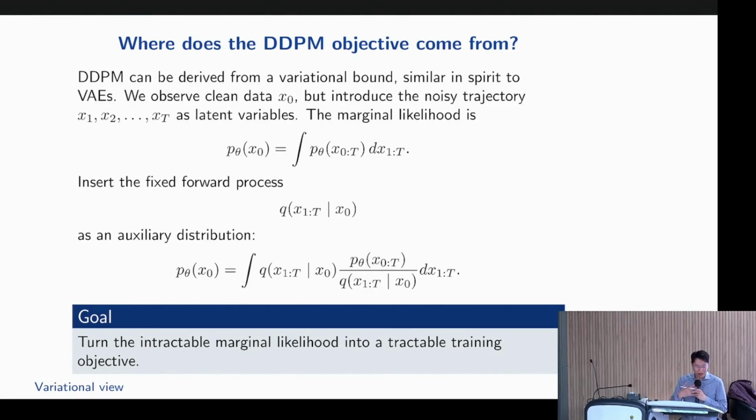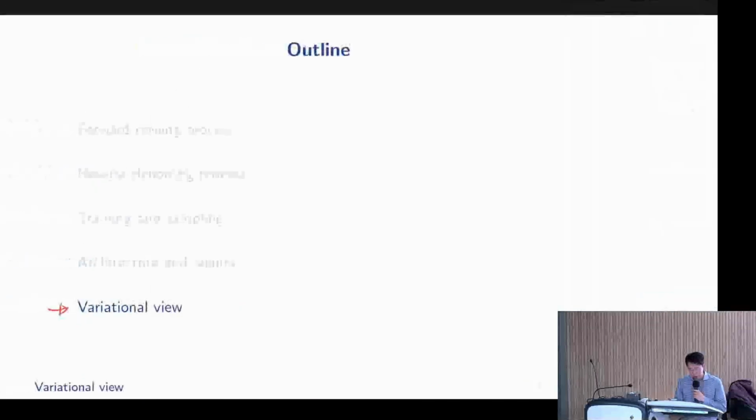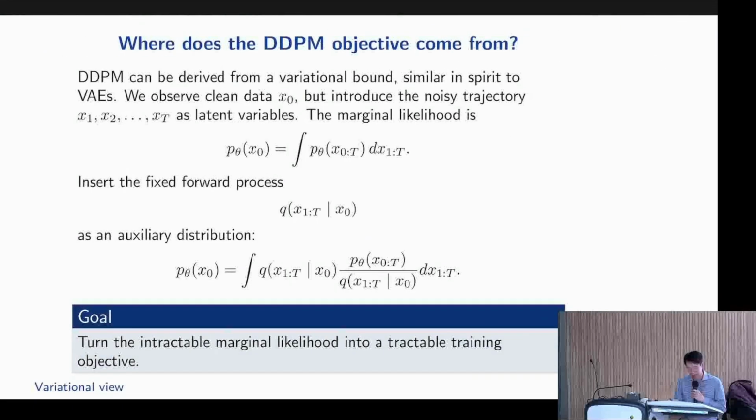We guided the training loss and inference procedure from the intuition, but we're interested in finding out where all these equations come from. So, as always, we're going to start from the likelihood, and here, similar to VAEs, we're going to derive the variational lower bound.